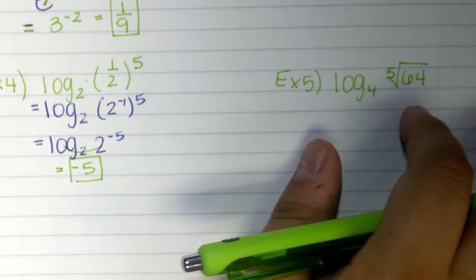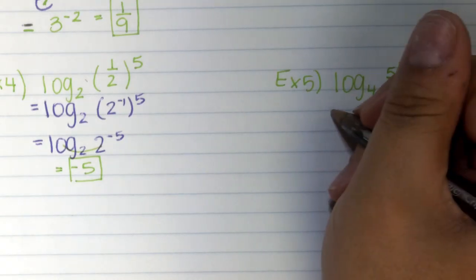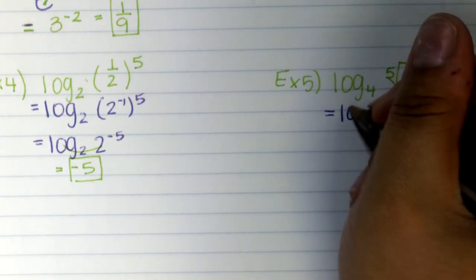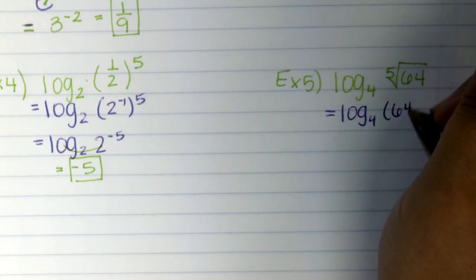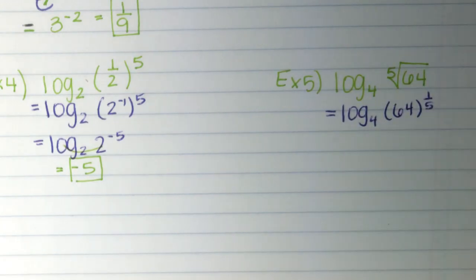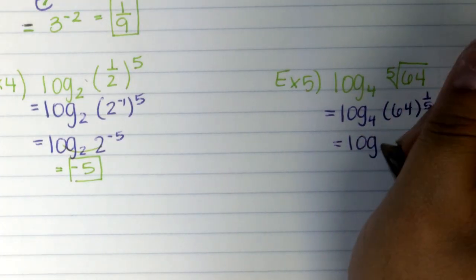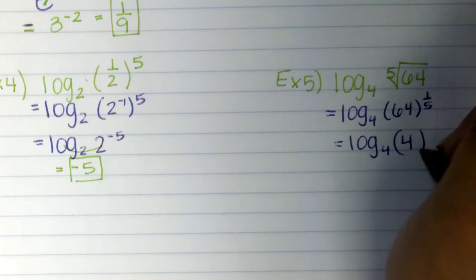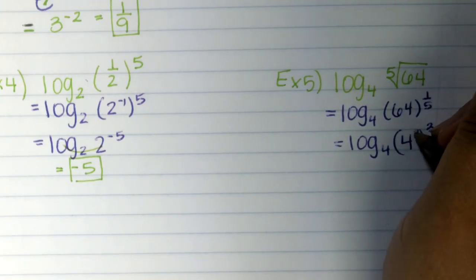For number 5, do you agree I can change this to the log base 4 of 64 to the 1/5? What is 64? So the log base 4 of 4 cubed to the 1/5.